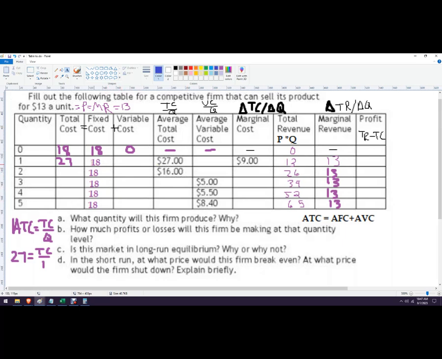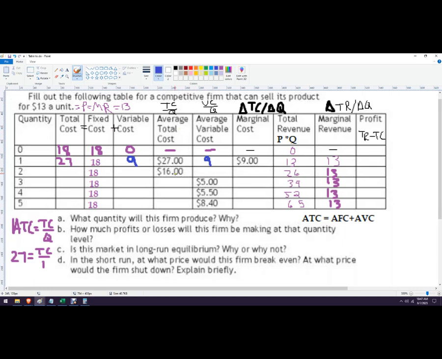This minus 18 gives us our regular variable cost, and so our variable cost for that first one is 9.